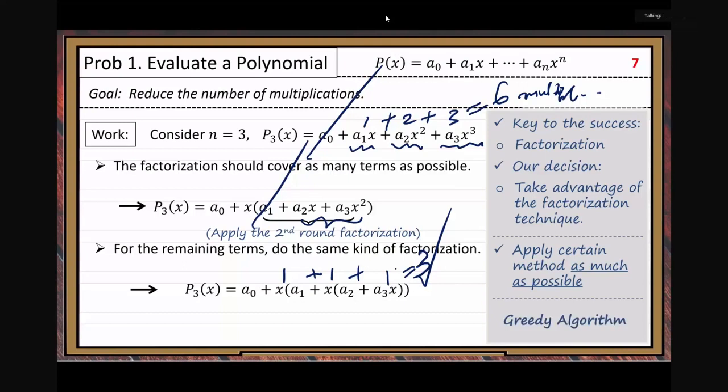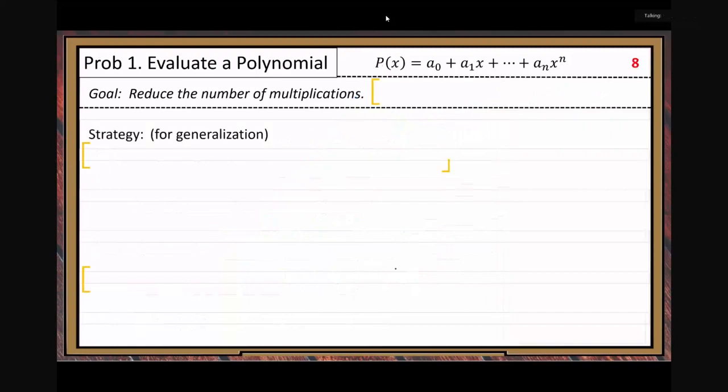Let's move to the next step. We push this method to the general case, and we want to find a final solution for the general case. This time, we need to use another strategy.